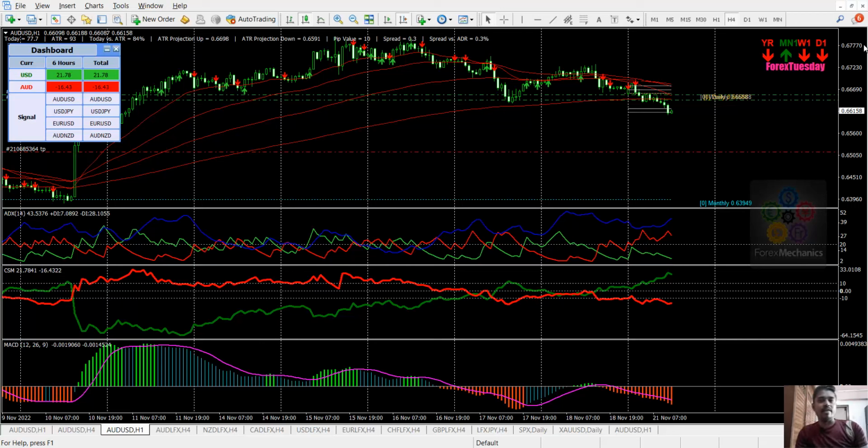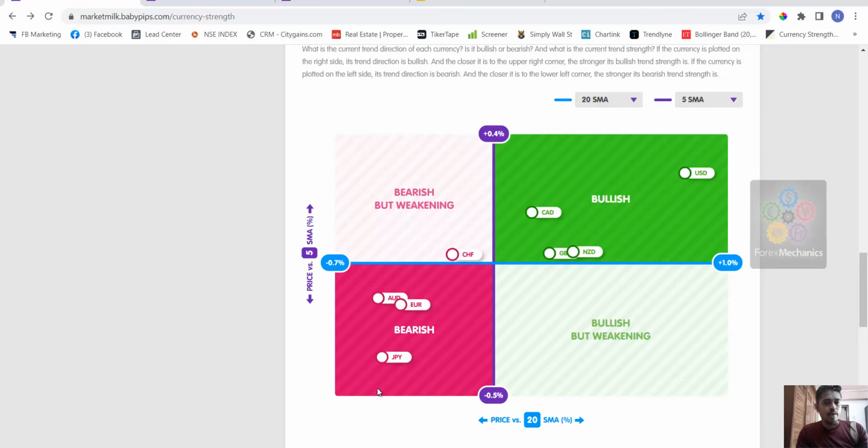One thing which was not in favor was that the overall trend was not in sync, but I'm just managing this trade on my own, so I was still okay to take this trade. What is more important is that here AUD was weak and the dollar was strong. So what is the idea? That one is strong and one is weak, which means one of them is going to move this currency pair in my desired direction.